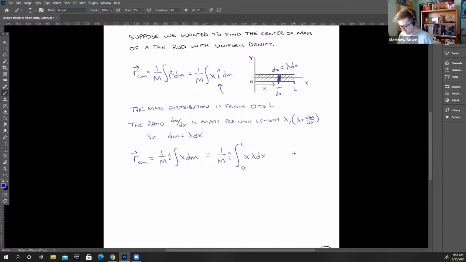Where are we? We have something else to realize. We have this mass, capital M, just hanging out front. Well, let's look at what that equals. Instead of the total mass of the whole thing, we are breaking it up into very small slivers. So what is the small sliver of mass?